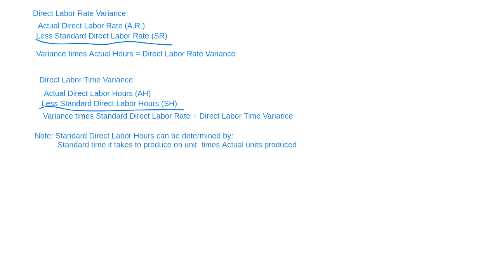So to find the standard direct labor hours, you can determine it by taking the standard time it takes to produce one unit. That should say one there.